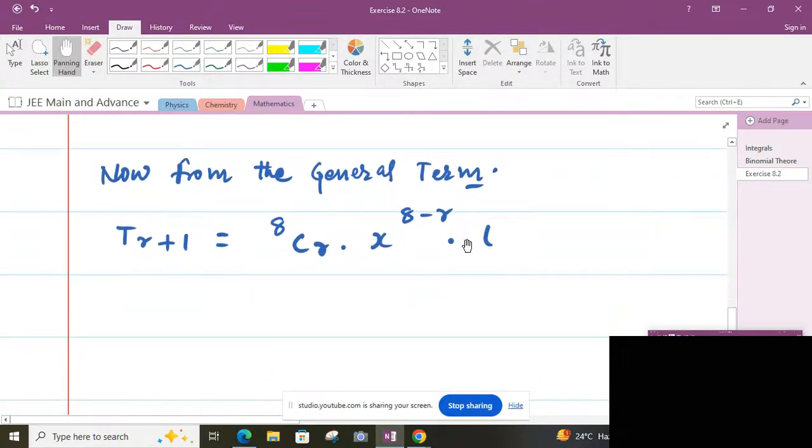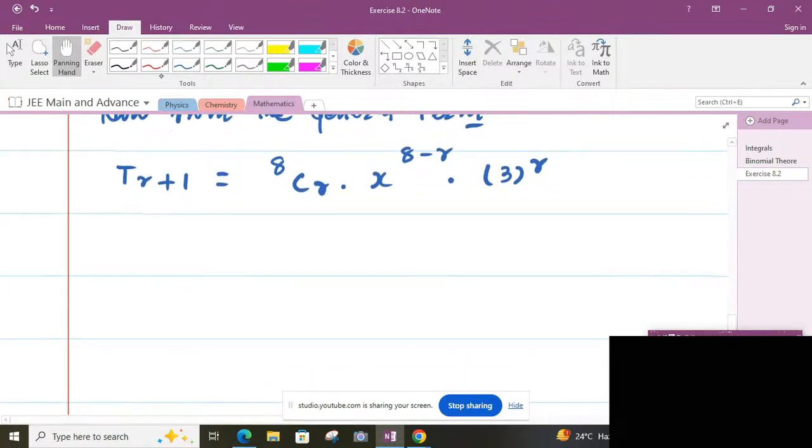So we write down here 3 to the power r. So x to the power 8 minus r, the value of this one is 5. So x to the power 8 minus r will be x to the power 5.